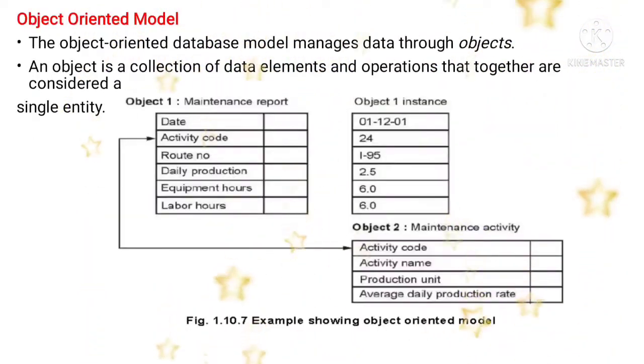Next, we are going to see the object-oriented model. The object-oriented database model manages data through objects. An object is a collection of data elements and operations that together are considered a single entity.